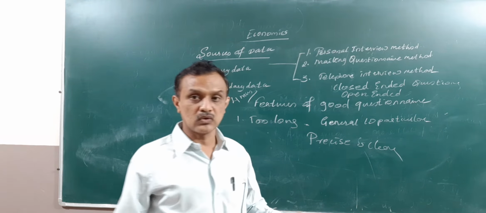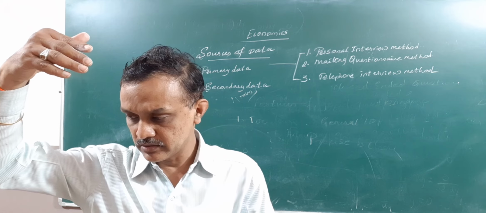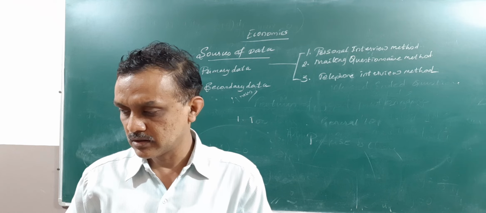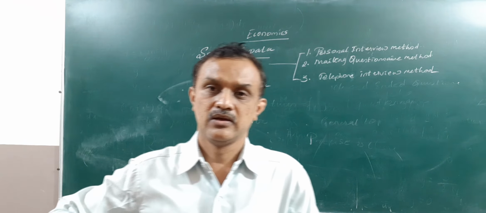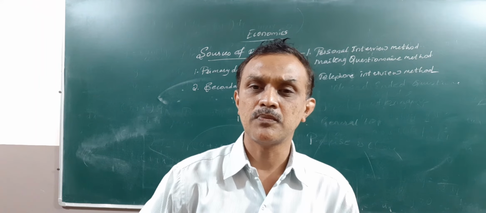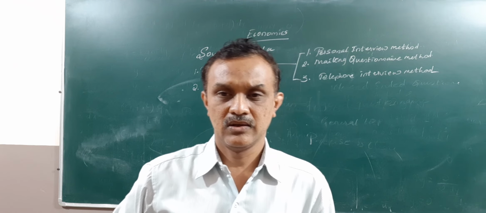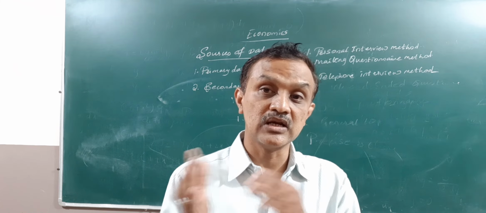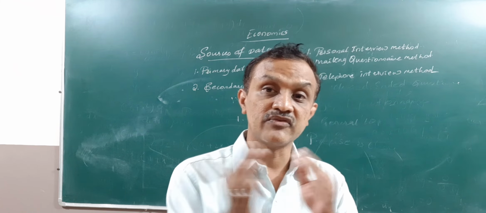What are the demerits? You cannot see the reaction of the respondent. Even though it can be conducted within a given period of time, whatever answers you require, you may not get over the telephone because of miscommunication.